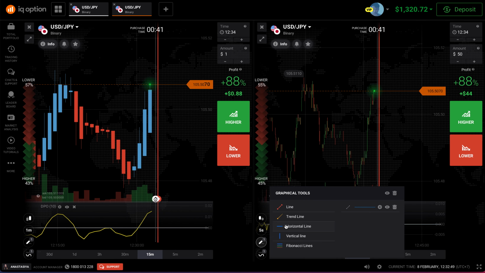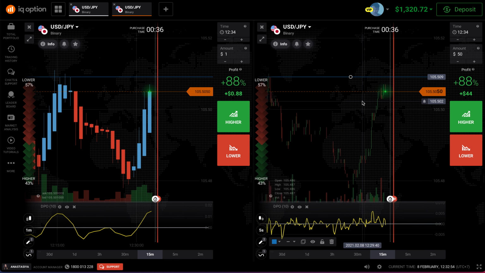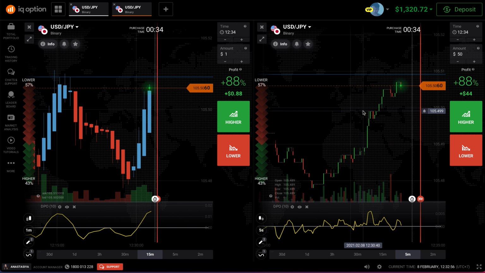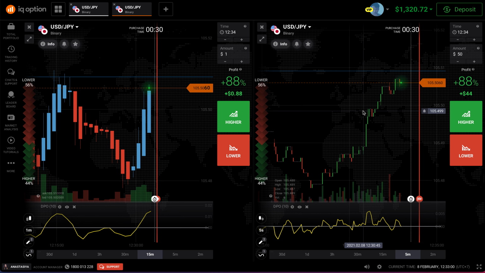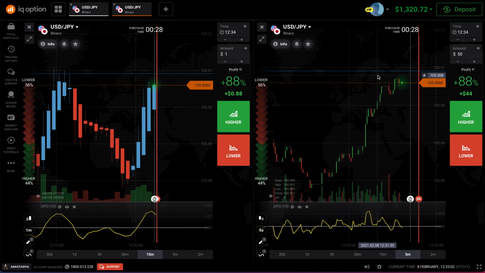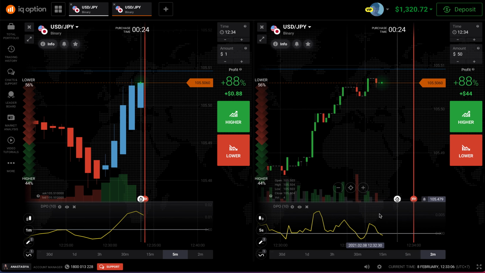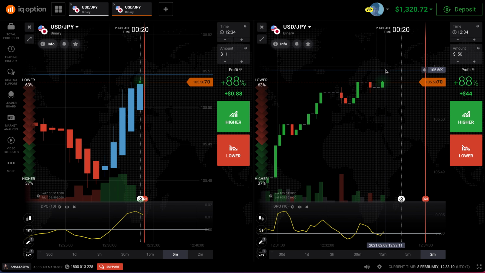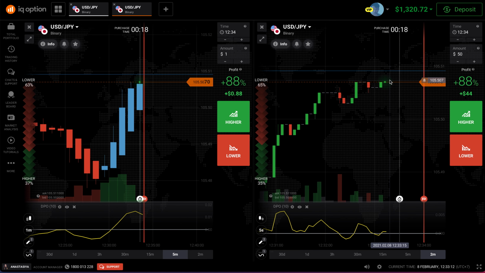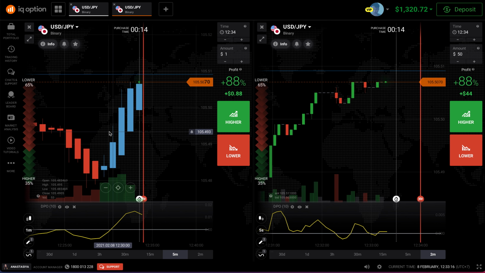Okay, let's look at our 5 second here. Entry on the 5 second candlestick is much more precise, better than the 1 minute candlestick.